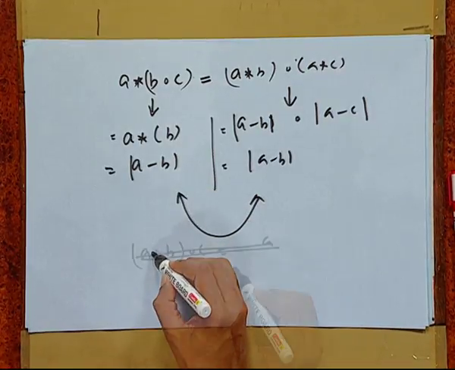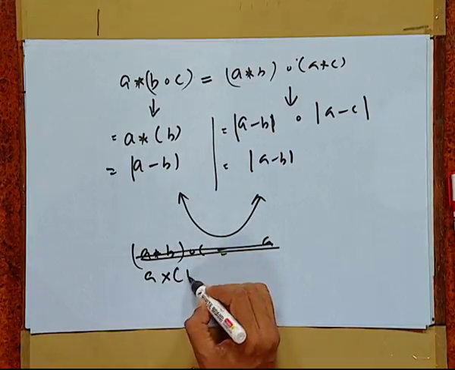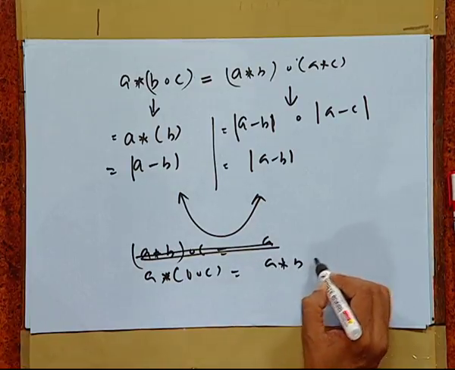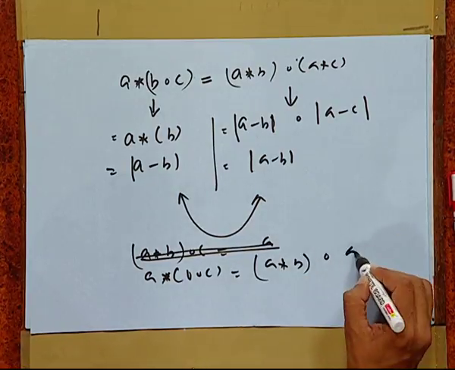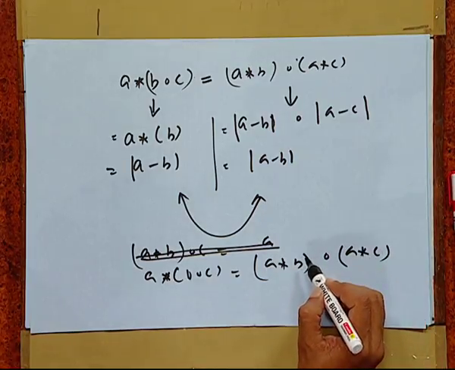So, you have A star (B O C) is (A star B) O (A star C). So, it is distributive, but the reverse is not true, that is, O is not distributive over star, which can be verified easily.